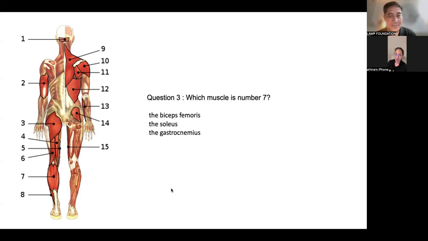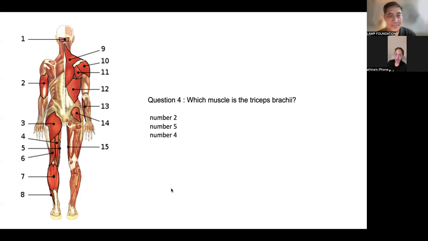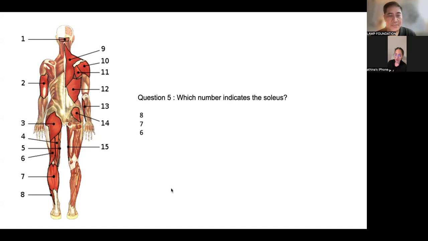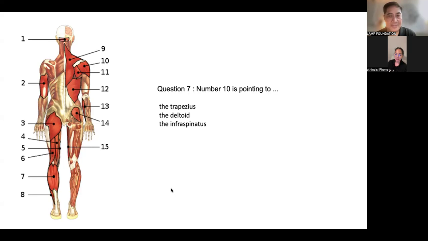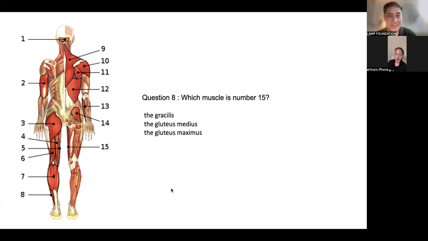Number 7, the gastrocnemius. Triceps brachii, it's number 2. Soleus, that's number 8. Semimembranosus, that's number 5. Number 10, the deltoid. Number 15, the gracilis.